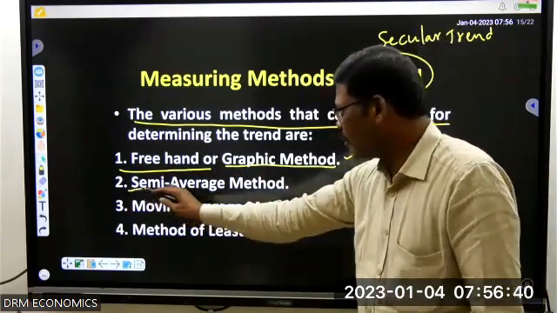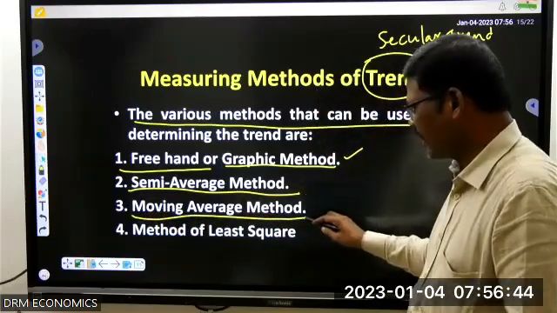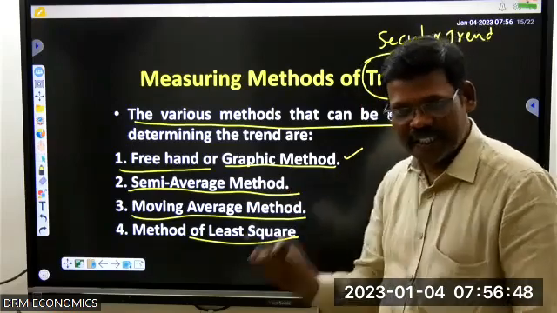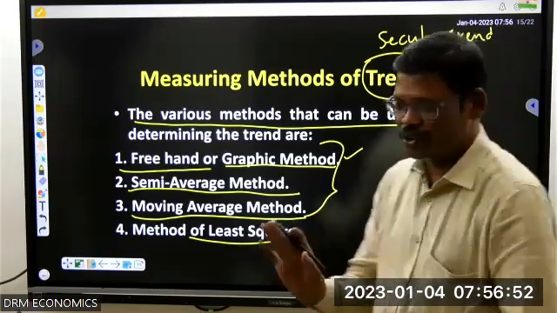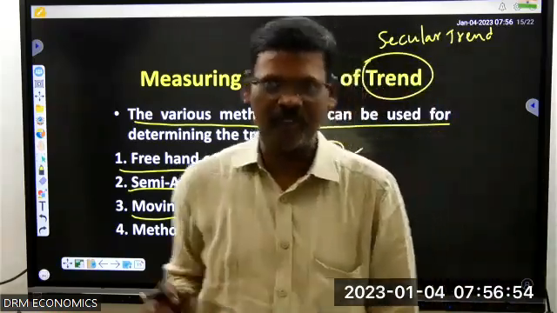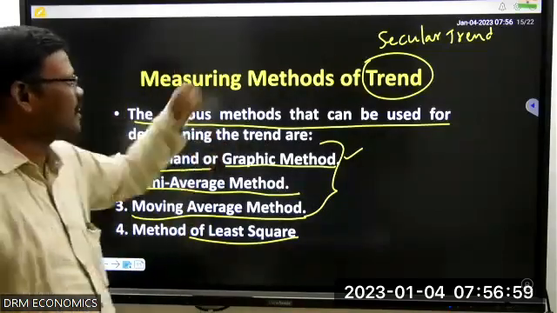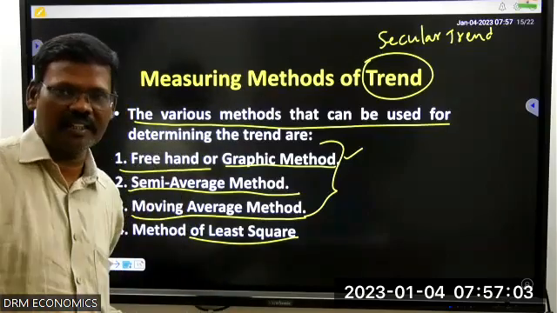The second one is the semi average method, and the third one is the moving average method and the least square method. So in the degree level, these first 3 we are going to discuss. The least square method is not important in the degree level. By using these 3 methods, we are measuring the secular trend to analyze the time series data.